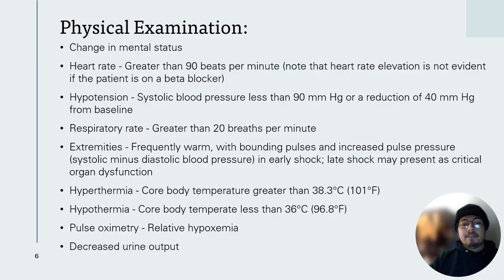Extremities can be frequently warm with bounding pulses, but that's only in the early shock stage. The late shock stage can present as critical organ dysfunction. Hyperthermia, core body temperature of greater than 101 Fahrenheit, or hypothermia less than 96.8 Fahrenheit. Pulse oximetry shows relative hypoxemia, or less than 88% saturation, or a decrease in urine output as well.